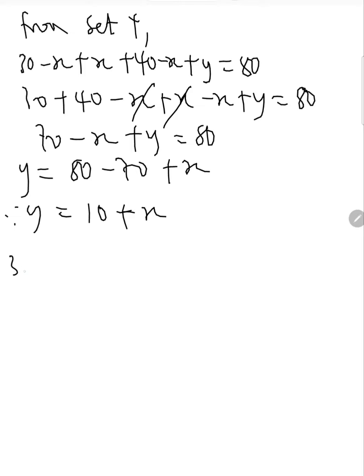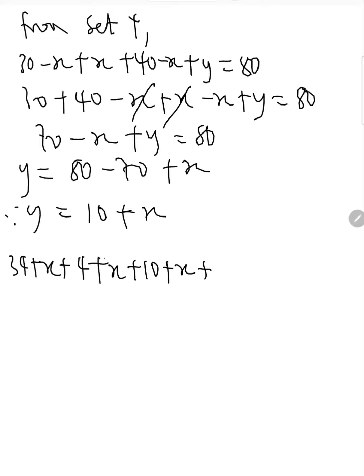So 34 plus x plus 4 plus x plus 10 plus x.